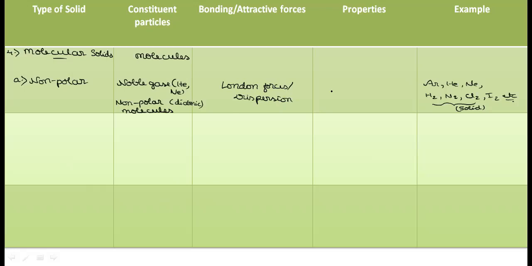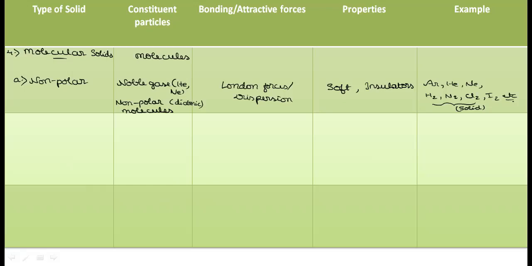And if we observe the properties of such non-polar solids, all the molecular solids are soft in nature. Except hydrogen bonded ones, non-polar and polar molecular solids are soft in nature. And all are insulators. All the molecular solids in their solid form are insulators, which means they do not conduct heat and electricity.